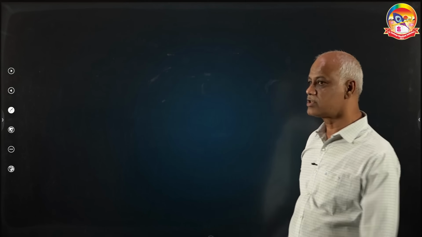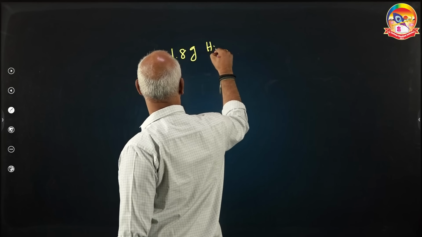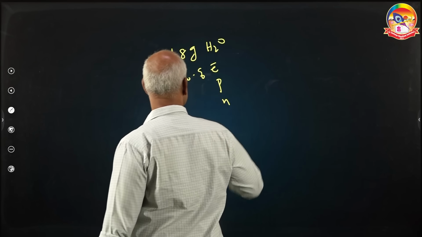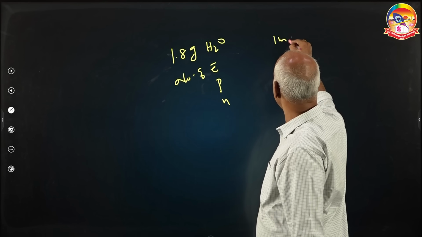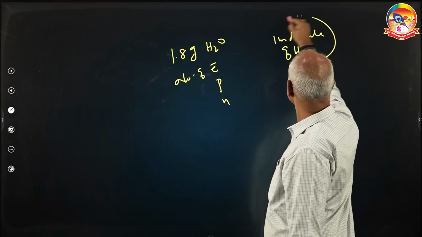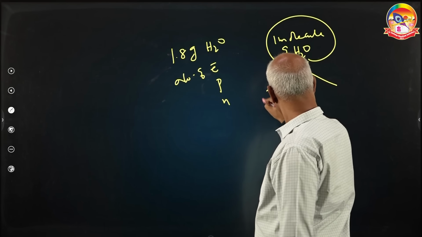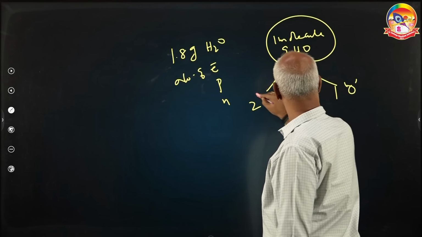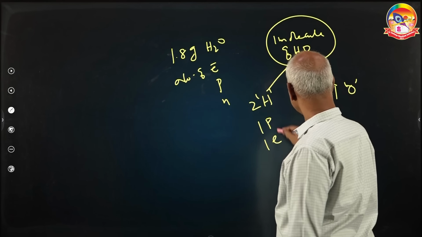Then you can also have, suppose anybody is asking, 1.8 grams of water, number of electrons, protons, neutrons. First try to know how many each one molecule of water has. Two hydrogen atoms, one oxygen atom. Each hydrogen has one proton, one electron.